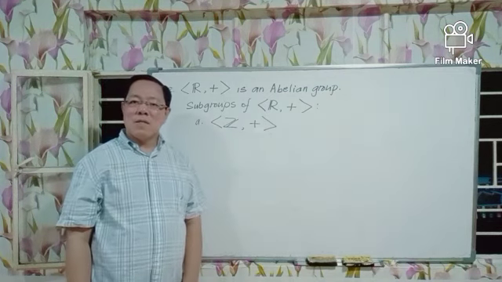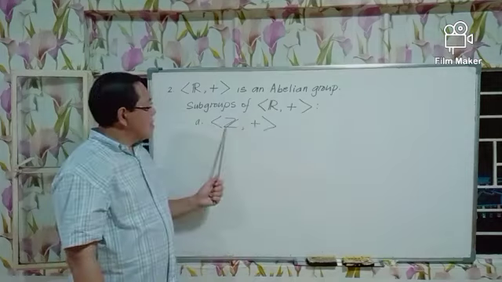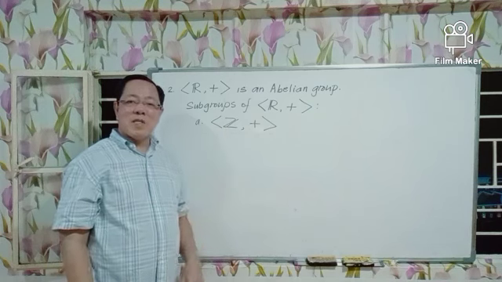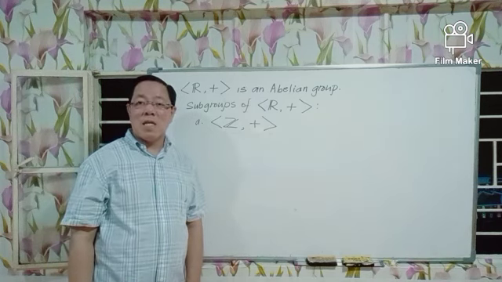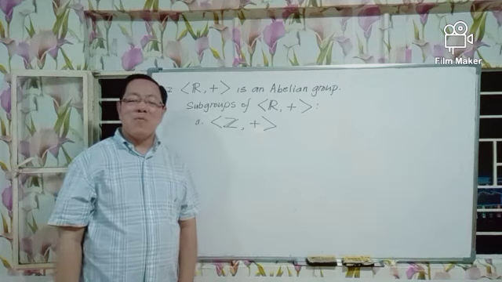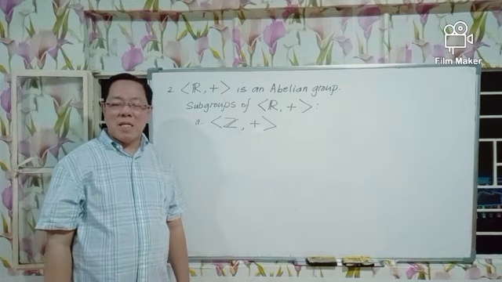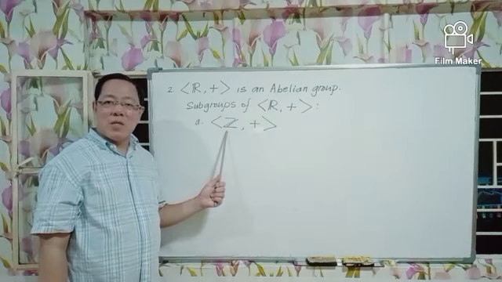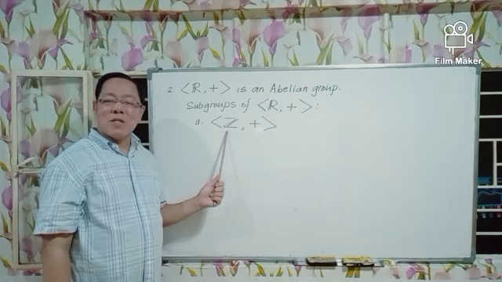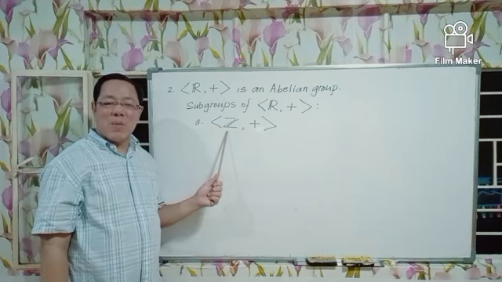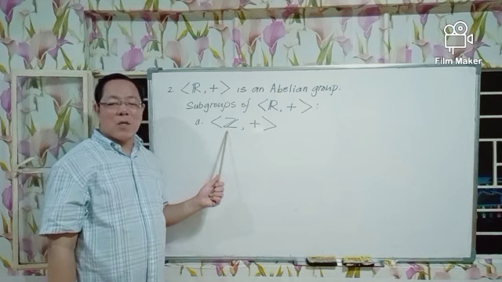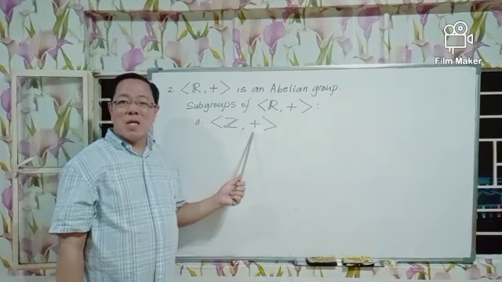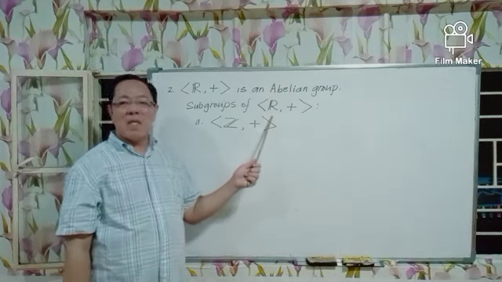And the inverse elements of the set Z must be contained in Z, and the inverse of every integer is its negative, and the negative of every integer is again an integer, and so is contained in the set Z. Therefore, the set of integers, which contains three subsets: the set of negative integers, the zero integer, and the set of positive integers or counting numbers, under the binary operation addition is a subgroup of the set of real numbers under the binary operation addition.